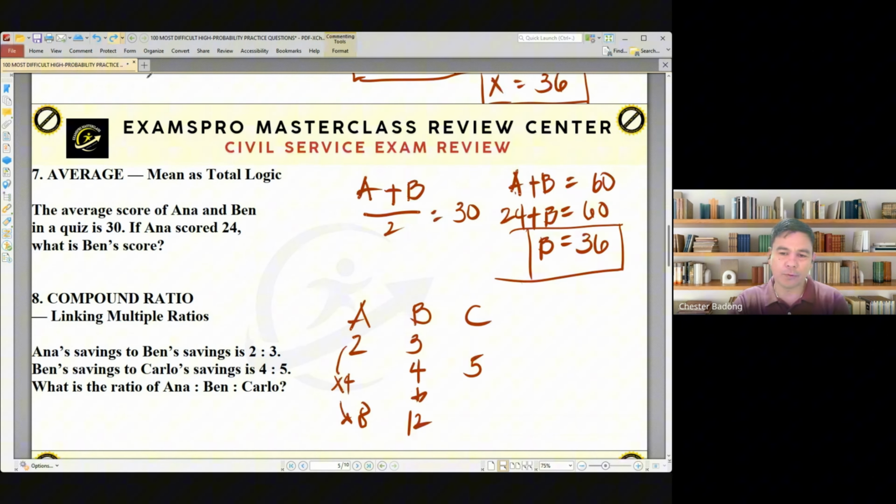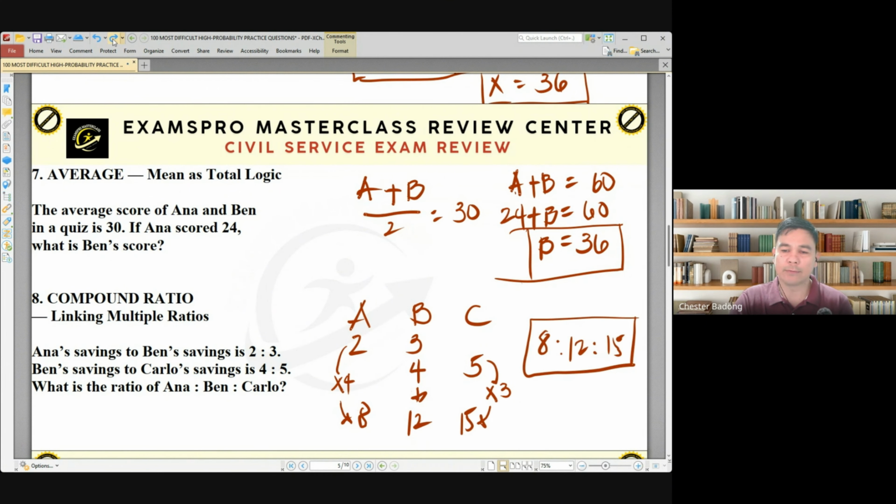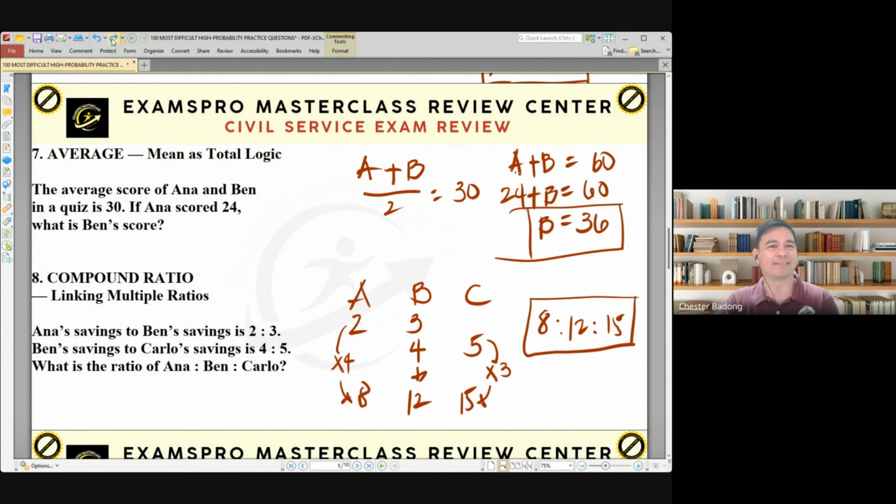Okay? Yung 4 naman, naging 12. That is, minultiply natin ng 3. Dapat si 5, i-multiply din natin ng 3 para ma-balance po yung ratio. So, 5 times 3 is equals to 15. So, yung 4 is to 5, parehas lang po yan ng 12 is to 15. So, the answer po is 8 is to 12 is to 15. Alright. We're going to the next problem.